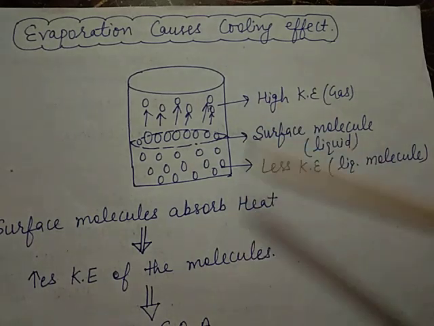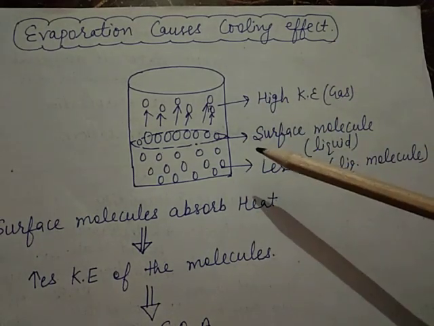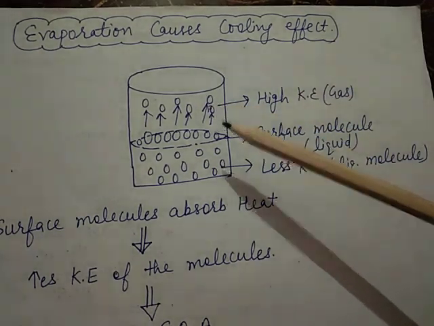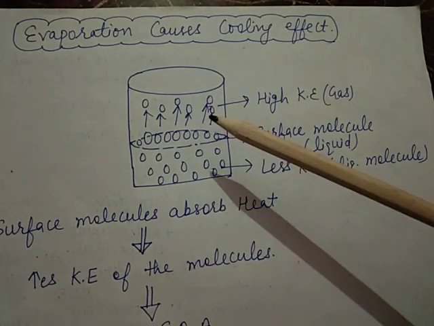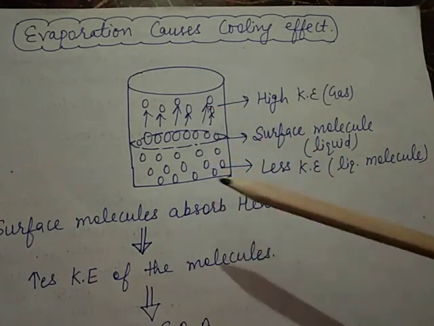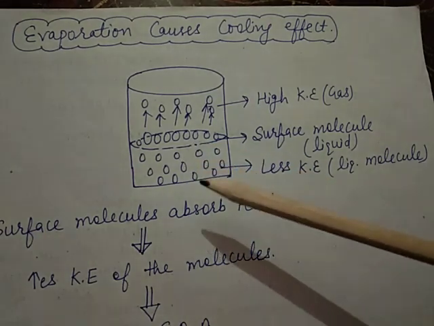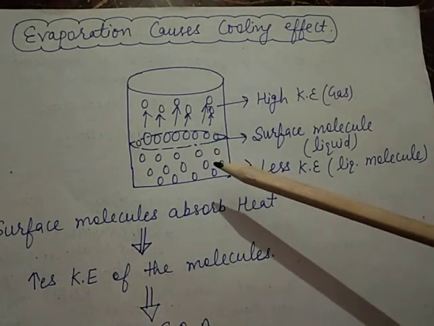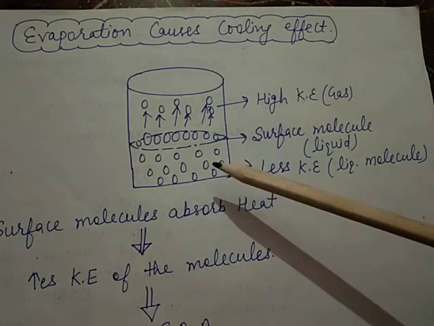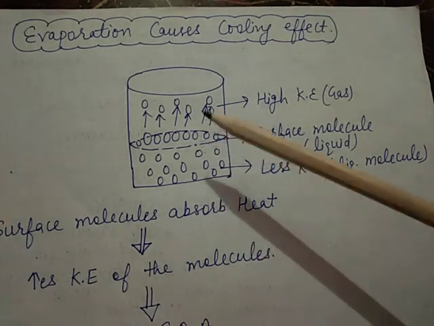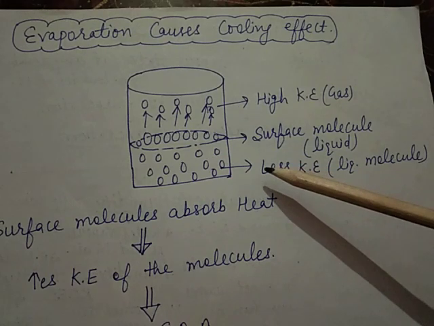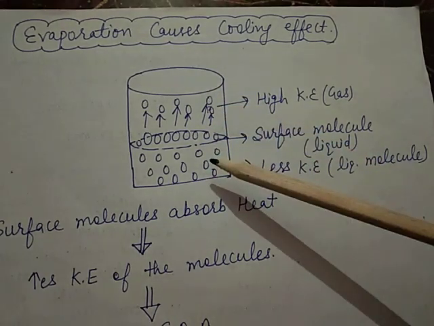Randomness means intermixing of particles. To overcome the interparticle force of attraction, they need some energy which they take up from the rest of the particles of the liquid. So their temperature gets lowered and cooling is caused.